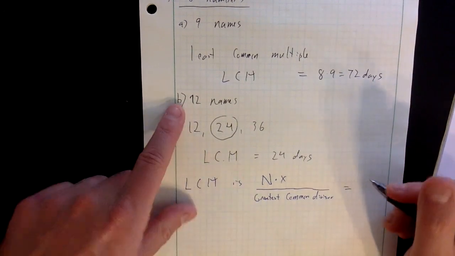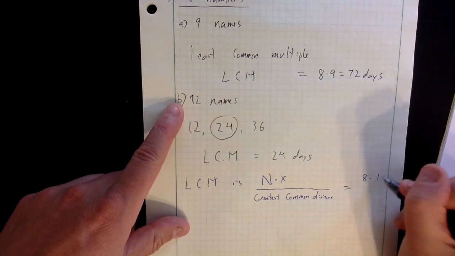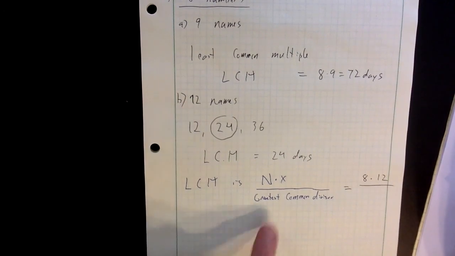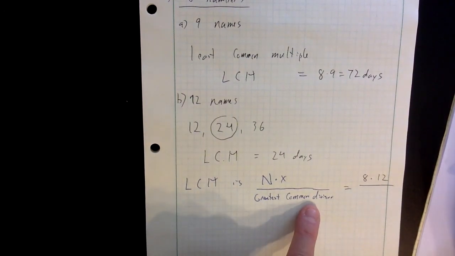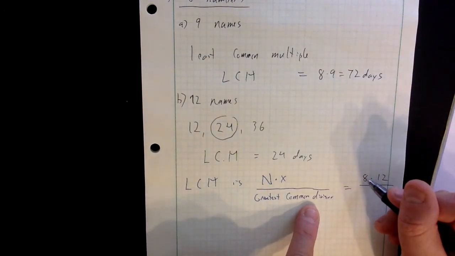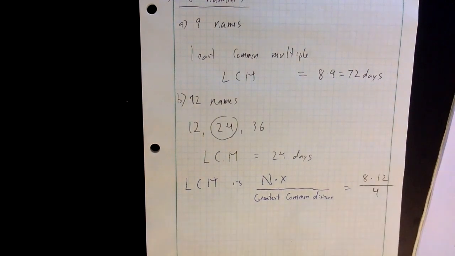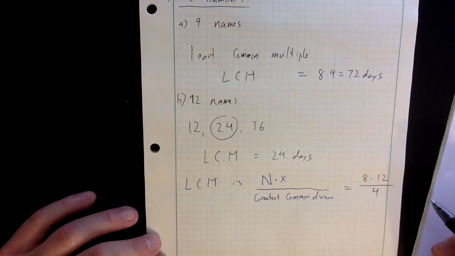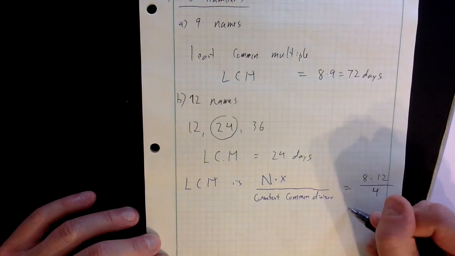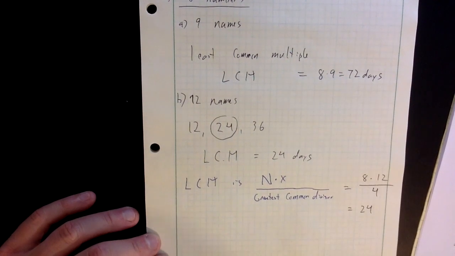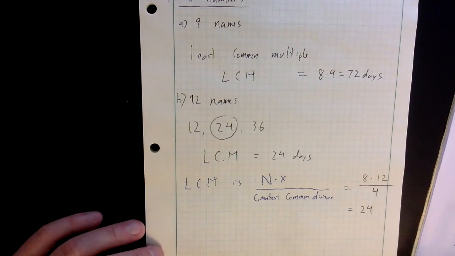So in this example, I could just multiply 8 times 12. But then I need to divide by the greatest common divisor, and I think 4. 4 goes into 8 and goes into 12, and that would be the largest of the common divisors. So if you do 8 times 12 divided by 4, that will also get you 24. So just another method of getting the least common multiple.